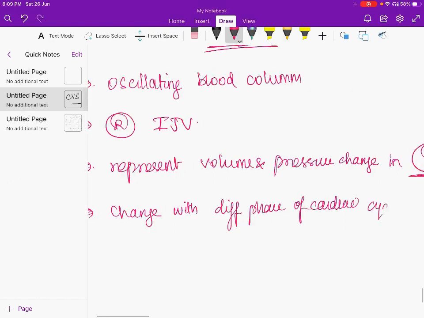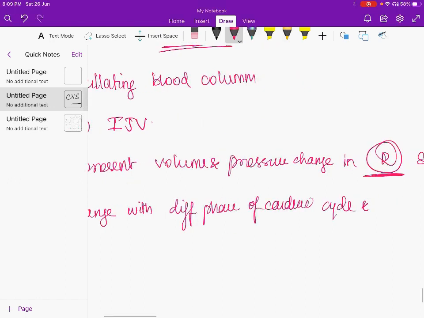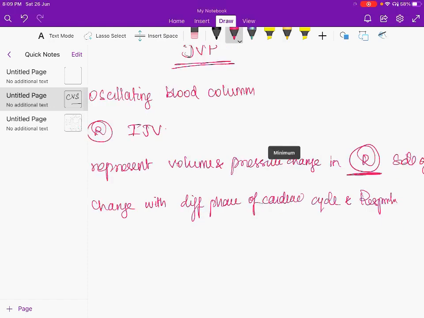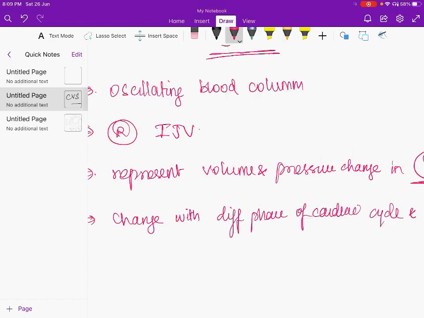Okay. So this is all about JVP. JVP is an oscillating blood column measured in the right side internal jugular vein, which represents the volume and pressure changes in the right side of the heart, and changes with the various phases of cardiac cycle and respiration.